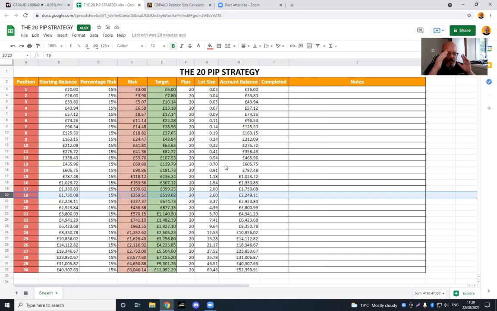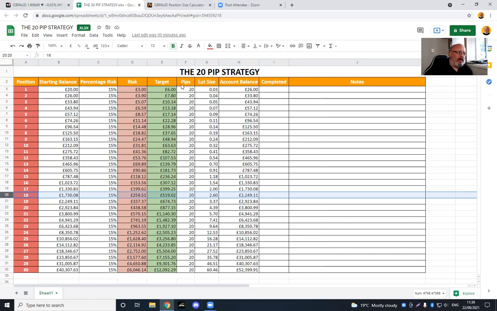And some people will go, oh, I've lost that trade, I've lost that amount of money. Yes, you have, but that money wasn't yours in the first place. If you've taken out your initial £20, then you're just playing with money that you've won along the way. So you're only ever really risking £20, or the currency equivalent in your country.